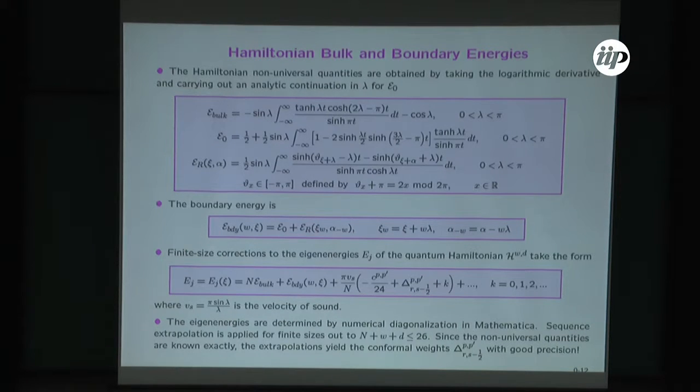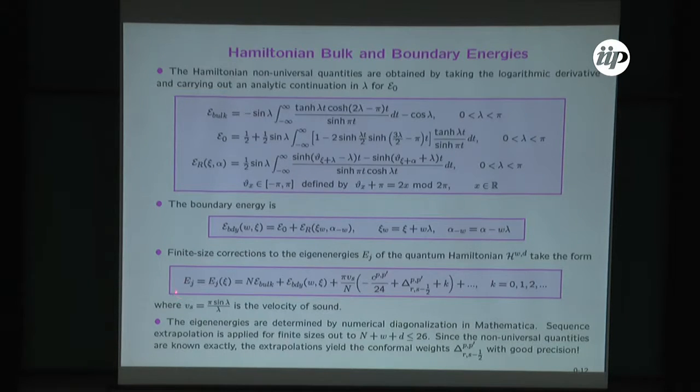So the boundary contribution is just this, where now xi w is xi shifted by w lambda, and alpha minus w is alpha minus w lambda. So these non-universal quantities are all known precisely, and that's very important because we will need to extract the bulk contribution, the boundary contribution, and then look at the universal 1 over n corrections to extract the conformal properties.